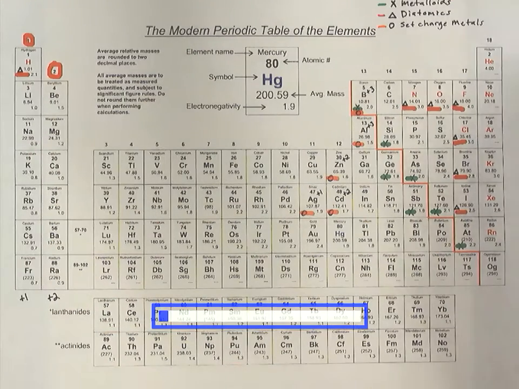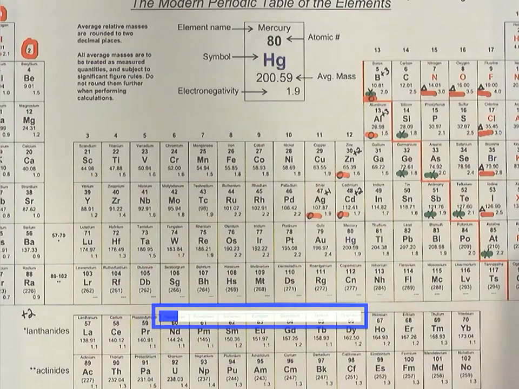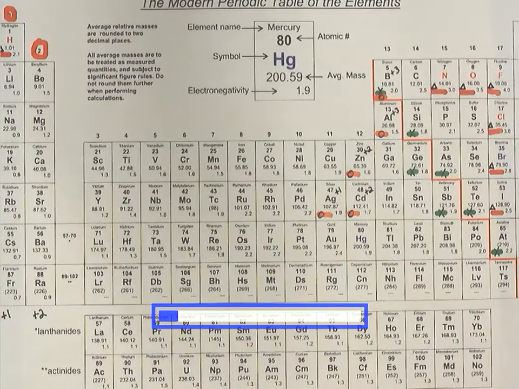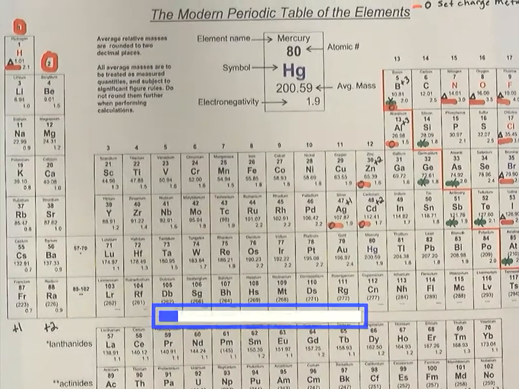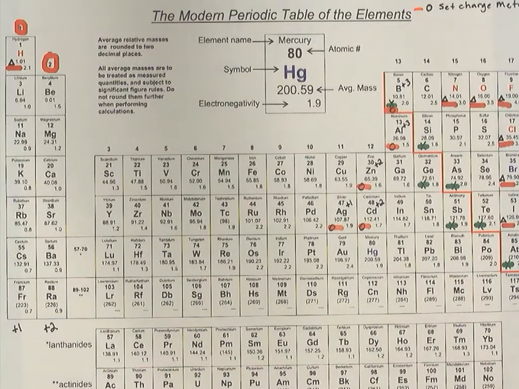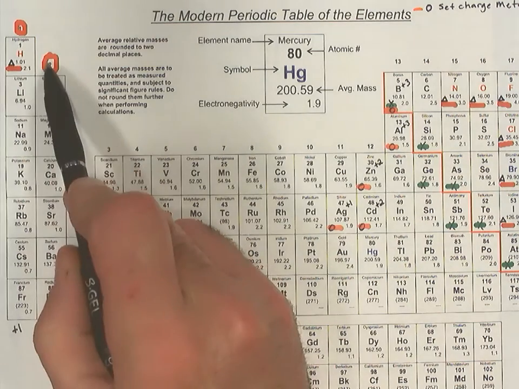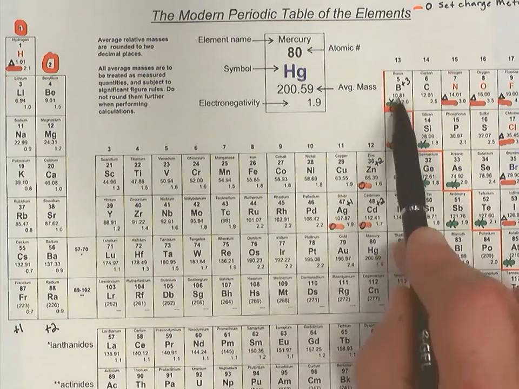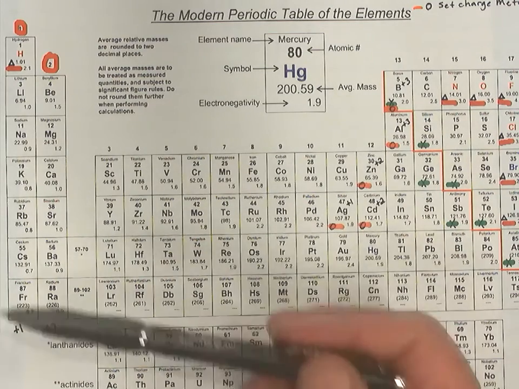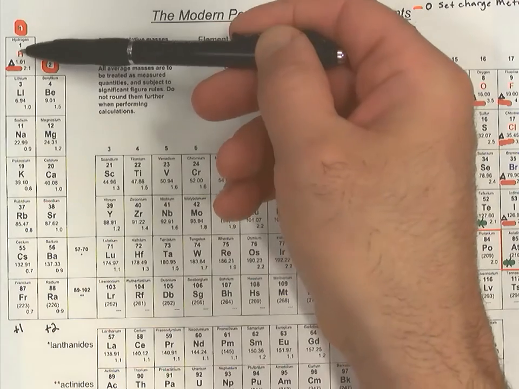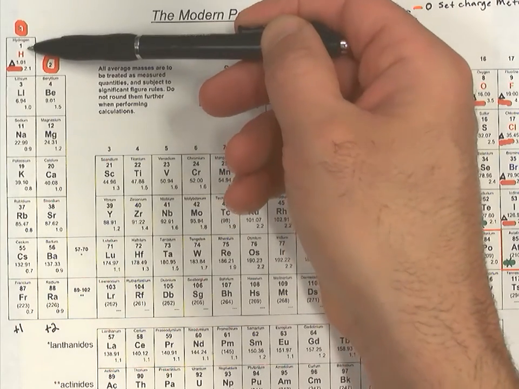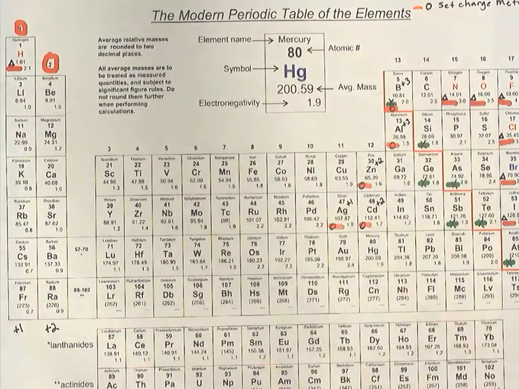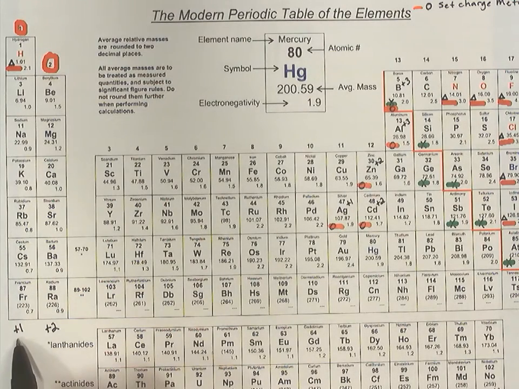Now, the last thing that I want to focus on before we jump into our activity today are these groups and elements that have the orange bars or the orange circles on them. So group 1, group 2, silver, cadmium, zinc, aluminum, and boron. Every element in group 1, when it gains or loses electrons, always loses 1 electron, and it always has a +1 charge, all the time.